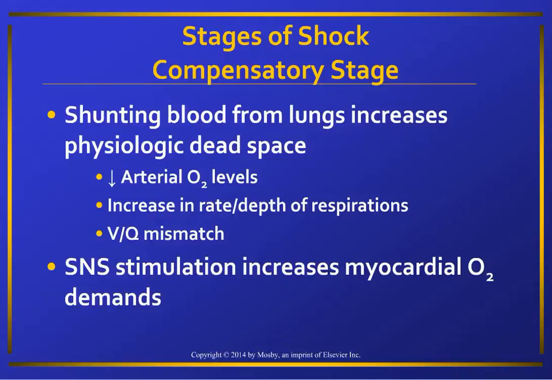There will be areas of the lungs participating in ventilation that will not be perfused because of the decreased blood flow to the lungs. Arterial oxygen levels will decrease, and the patient will have a compensatory increase in the rate and depths of respirations. The sympathetic nervous system stimulation increases the myocardial oxygen demands.